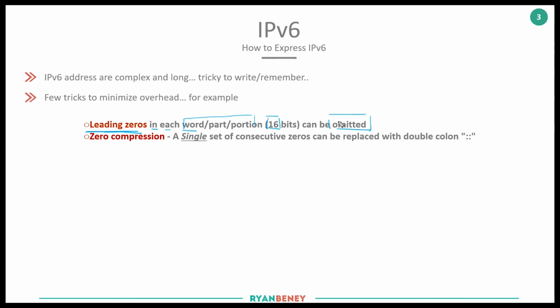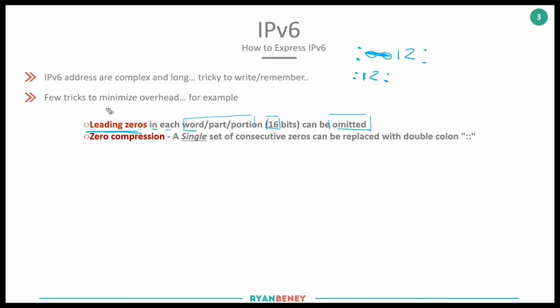There has to be 4. However, if, for example, between these two colons you have something like 0, 0, 1, 2, then what this rule allows us to do ultimately is to remove these zeros and allow it to be presented like so.